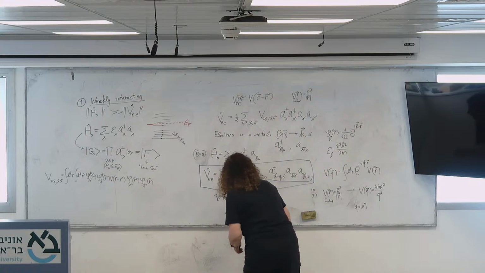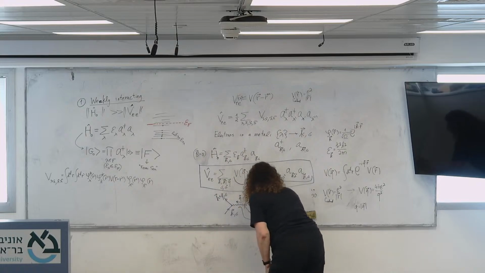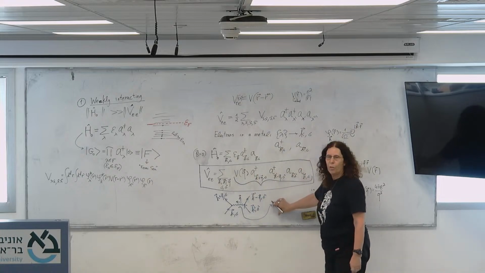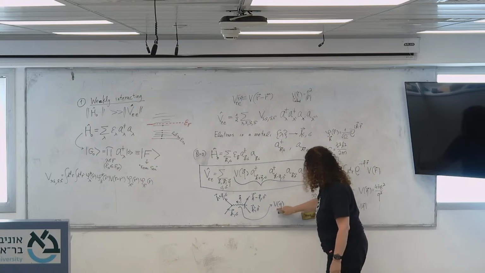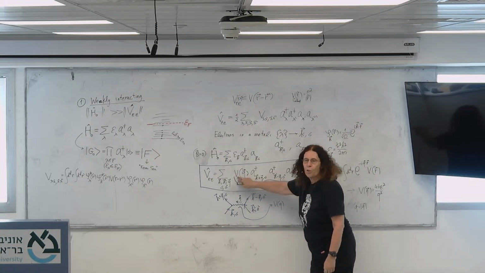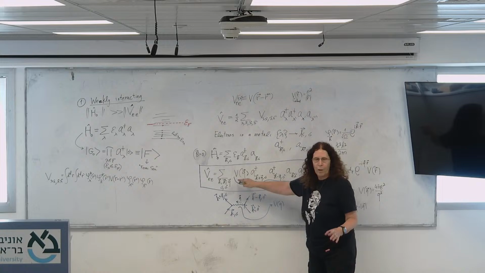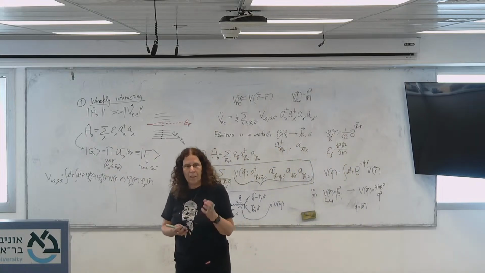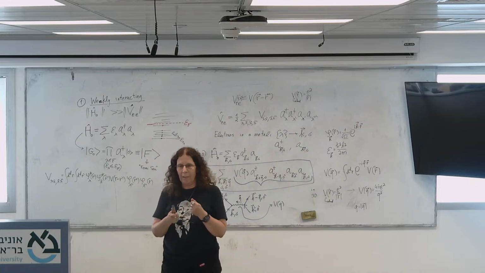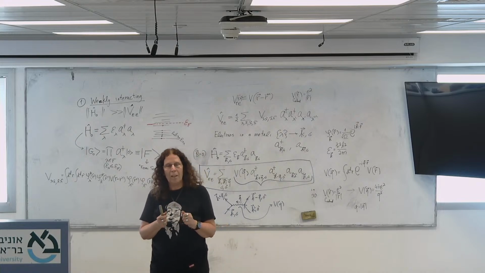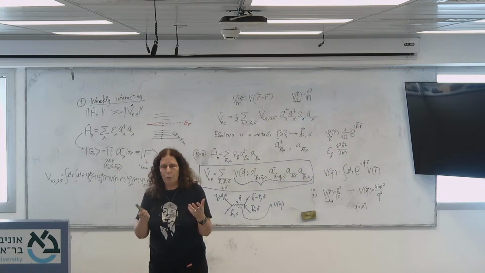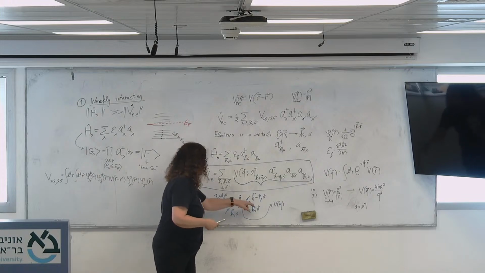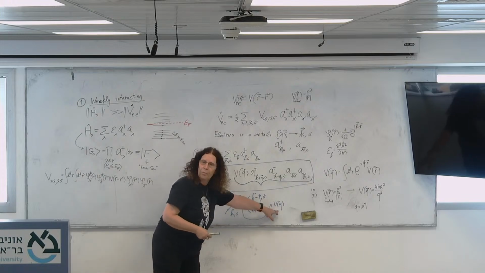Okay, and this wiggly line, its weight, if you like, or its contribution to the entire process, is embedded in the function V of q. V of q is not an operator, it's a function of q, but you can think of it as a matrix element that describes the probability, or more correctly, the probability amplitude for such a gauge particle with momentum q to appear.